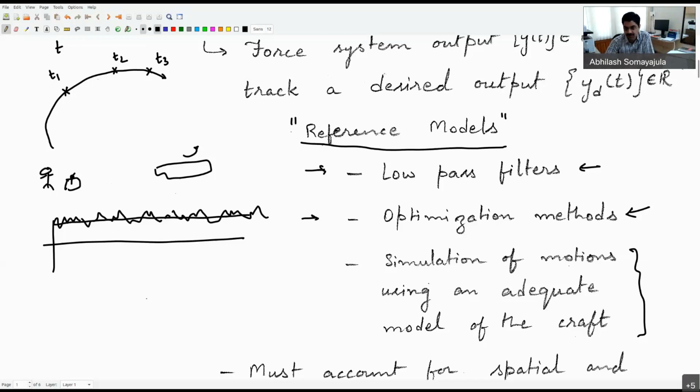A simulated problem will take care of the so-called constraints in our problem without me having to explicitly mention them. So in an optimization problem, I have to specify the constraint that my ship cannot move sideways in some mathematical form. But if I'm using the simulation model of my craft, I need not do that. By nature of the simulation, it cannot do this sort of a trajectory anyway.